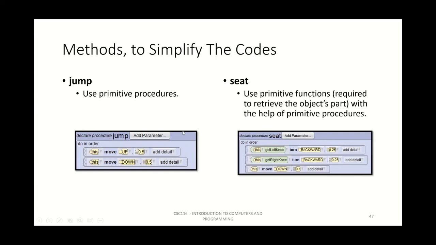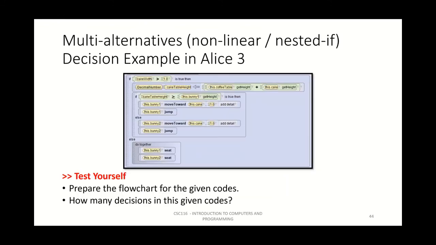For example, we have these two procedures to simplify the jump process. We put all the actions for jump, and this is another example for sit, for the bunny. So we create two kinds of procedures to simplify the code. If you refer to this example, in the decision making process, we simplify the process.